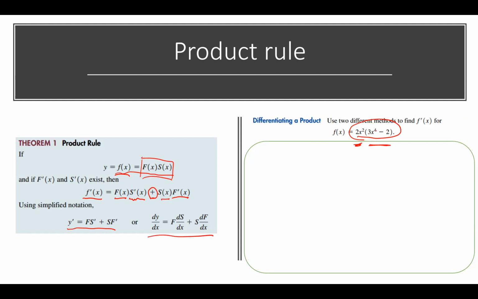Alternatively, we can just multiply. If we multiply, f of x becomes 6x to the power of 2 plus 4, multiplied by 4 times x to the power of 2. Now this becomes easier, because we can apply the usual formula and get the results. But for this example, we need to use another rule, the product rule, to get the results. So that's where we can plug in the formula.